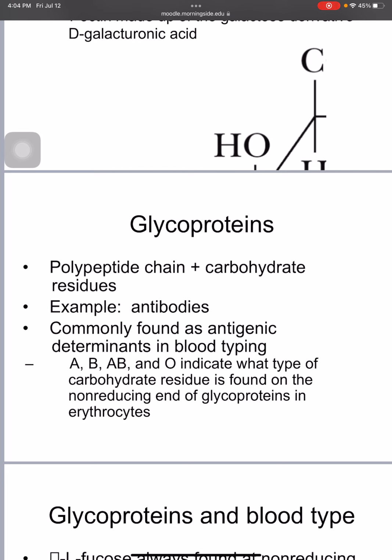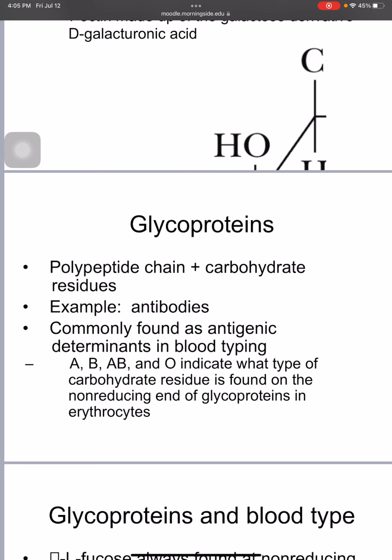Typically, you have a polypeptide chain and saccharide sequences that, you could say, cap the ends of these polypeptide chains in various patterns. They're commonly used as antibodies. Probably the most common application of this is in blood typing. I'm sure you've heard about different blood types, type A, type B, type AB, type O.